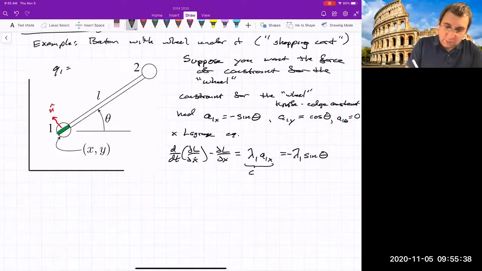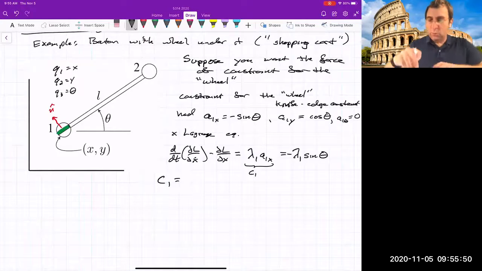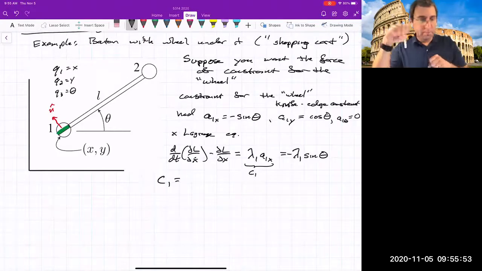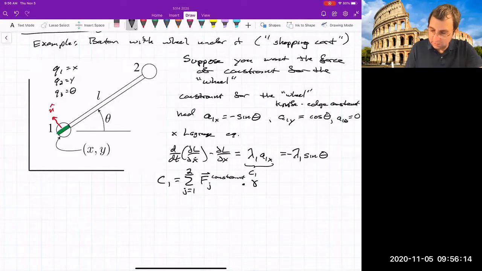I'm ordering things as q1 equals x, q2 equals y, q3 equals theta. So we've got 3 degrees of freedom here. So C_1, and we're only dealing with particles. We have 2 particles, no rigid bodies. So using the formula above for the generalized constraint force, this is a sum from 1 to 2, or the 2 bodies here, of the force of constraint on each of these, dotted with gamma_j1.